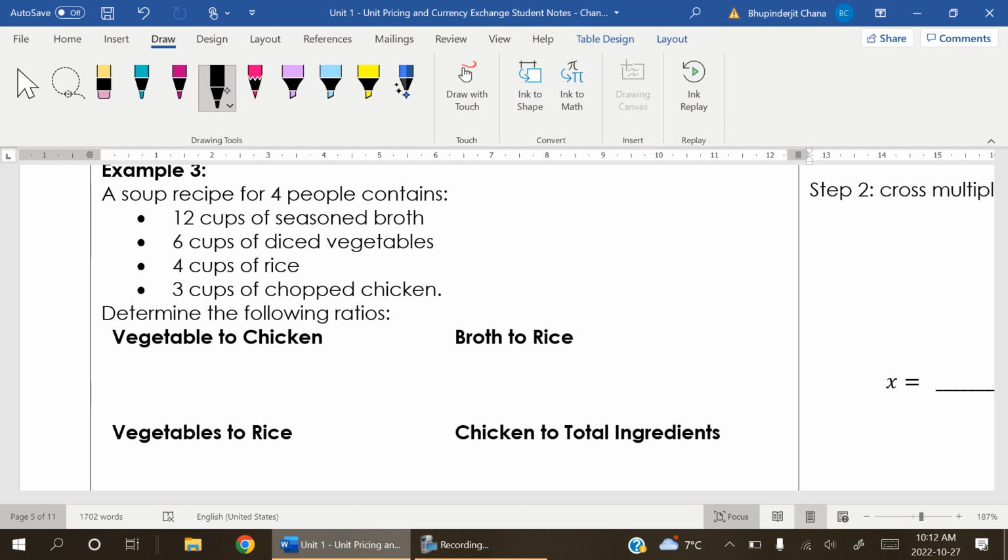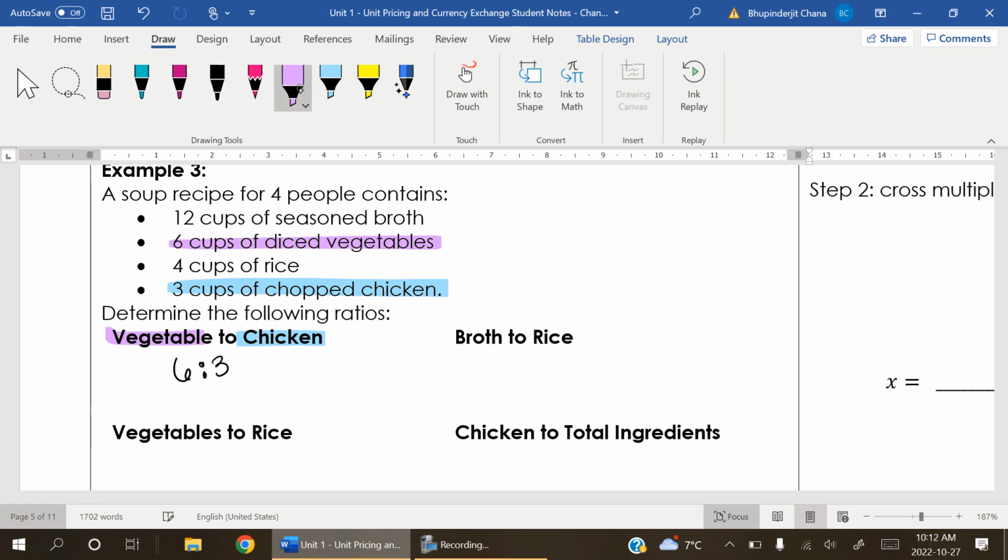The first one is saying vegetables to chicken. So I'm going to do some highlighting here. Vegetables, I've got 6 cups of vegetables, to chicken, I've got 3 cups of chopped chicken. So I'm going to write this without any words. So there's 6 to 3.